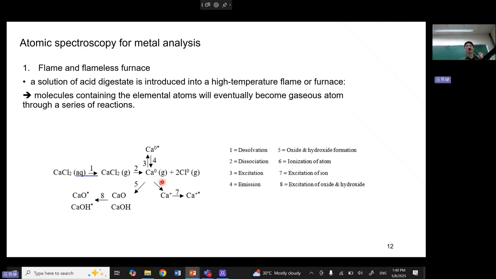And then we just shoot it with the right wavelengths, and these wavelengths can be absorbed by this guy. Right? So for FAA, remember, the lamp needs to have a specific wavelength. That's the reason why it comes to a FAA.